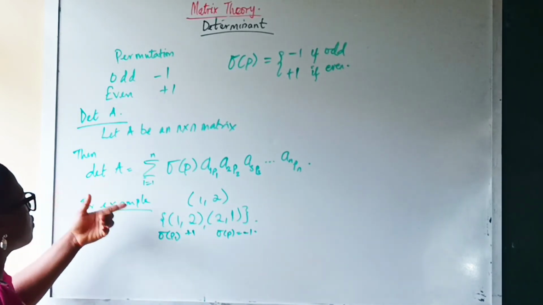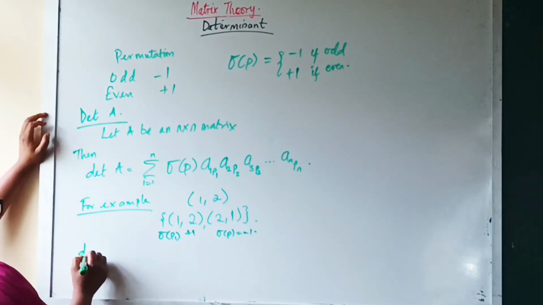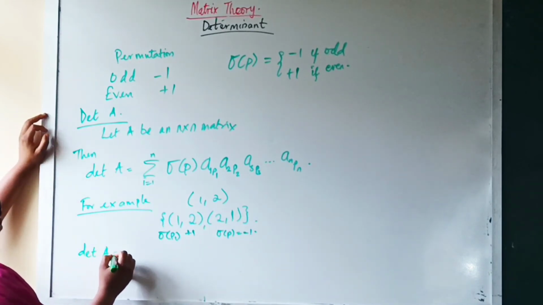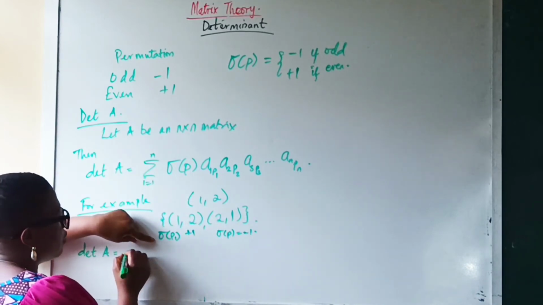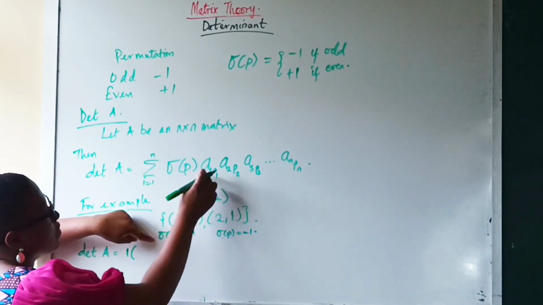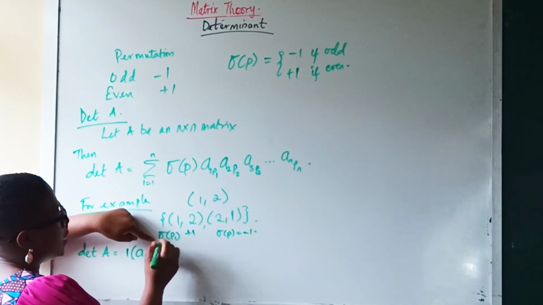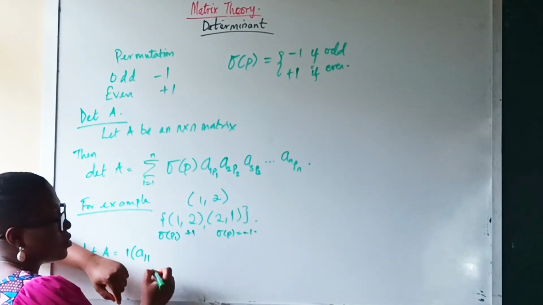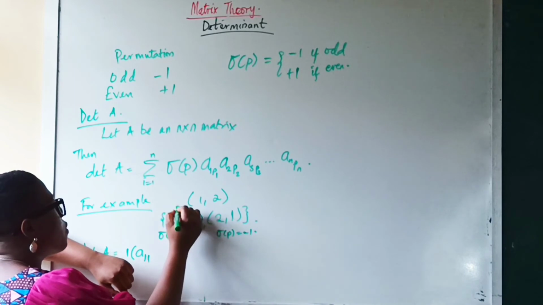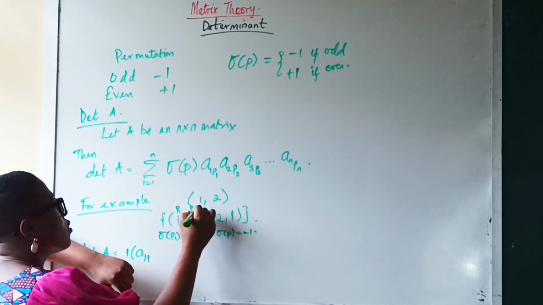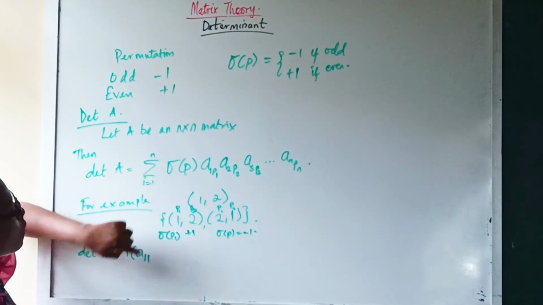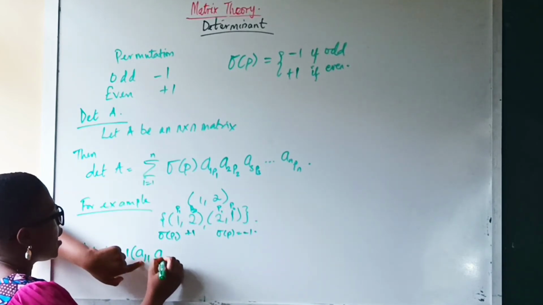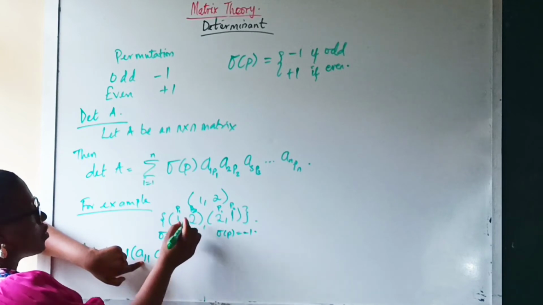How do we use this formula to get the determinant of A? Determinant of A is equal to the sum of sigma of P. This is sigma of P, 1, plus 1, right? Times A, 1, the first term is 1. So this is P1, P2. So A11 times A22, because this is P2.